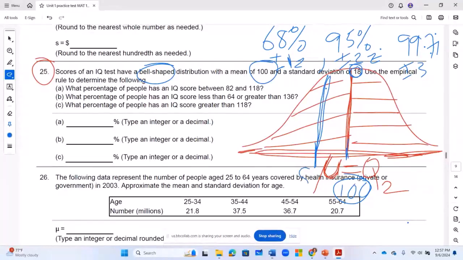Therefore, this person who has an IQ of 82 is one standard deviation below the mean.